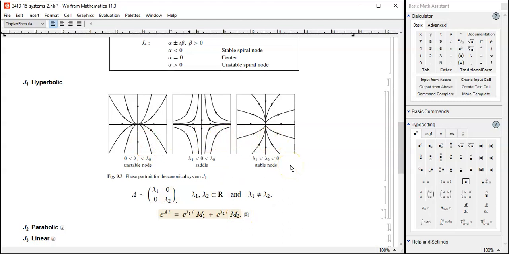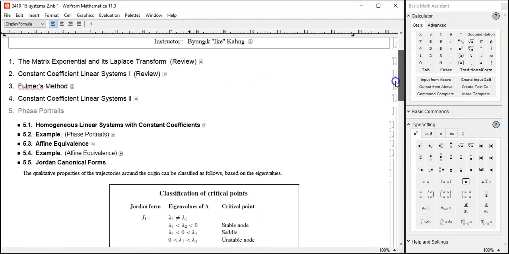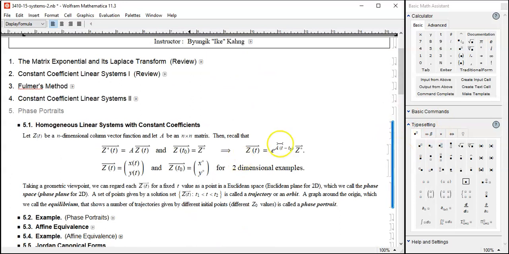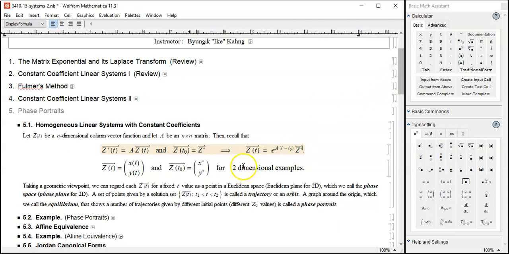That's going to be answered by this. e to the At power can be written as, by Fulmer's method, e to the lambda 1 t times a matrix, e to the lambda 2 t times the coefficient matrix, like that. Remember Fulmer's method. And e to the lambda t, why is it related? Because e to the lambda t times the appropriate initial vector is going to give me the trajectory.